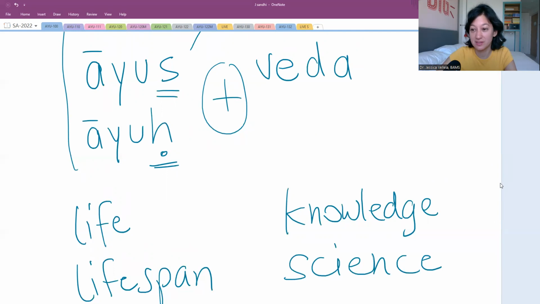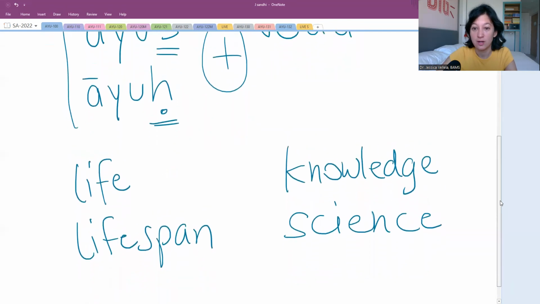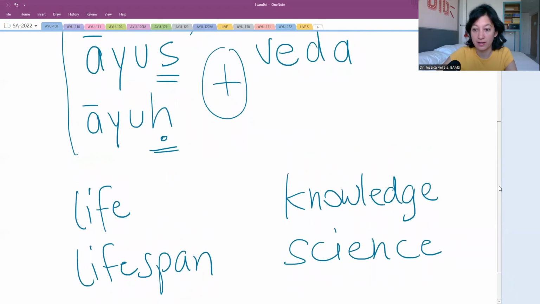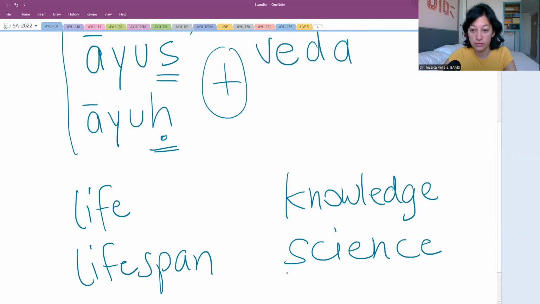So for the purposes of this discussion, we're just going to stick to these simplified meanings of Veda, referring to knowledge or science, meaning any knowledge which is knowable through scientific practices. And so when we combine these together, we get the understanding that Ayurveda is the knowledge or the science of life and/or lifespan.